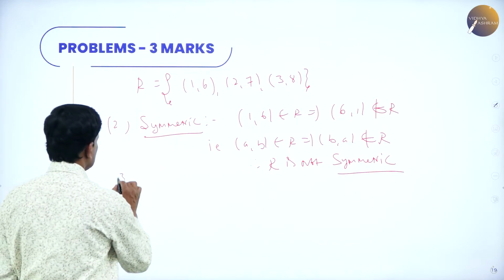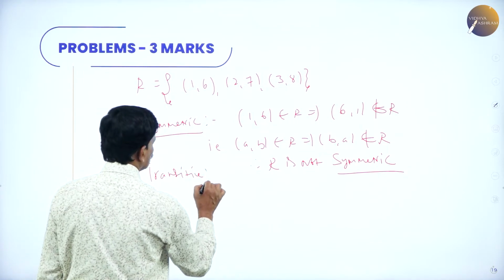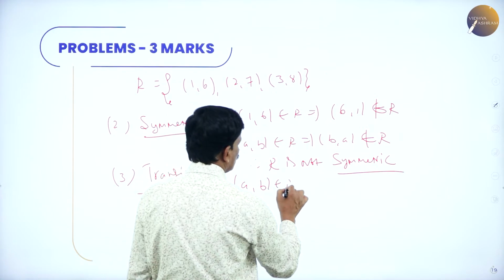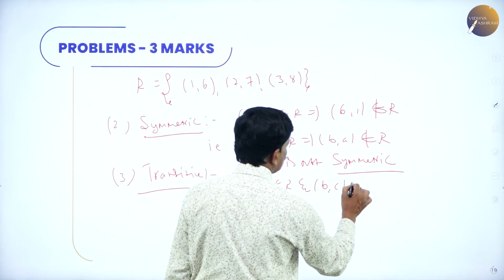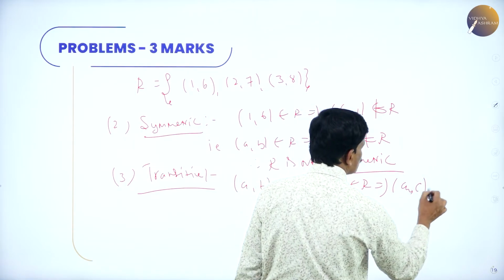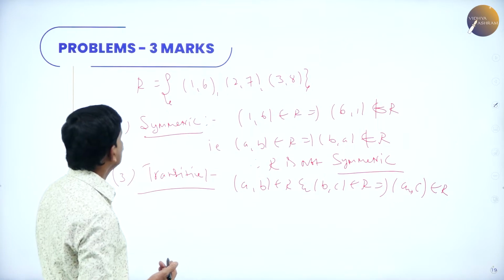Now let us verify the transitive property. What is transitive? If A comma B belongs to R and B comma C belongs to R implies A comma C belongs to R. Now let us take any element, 1 comma 6.